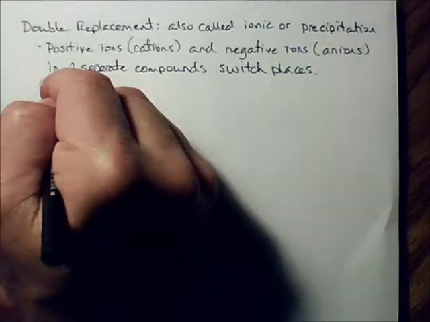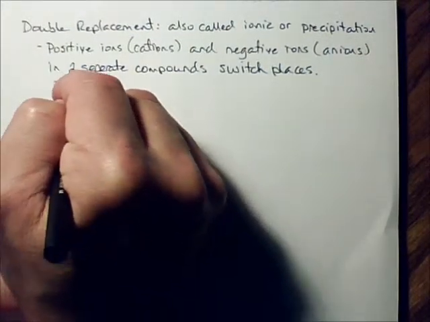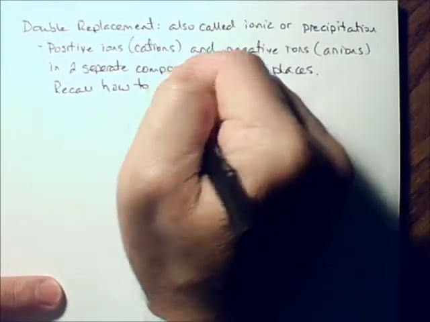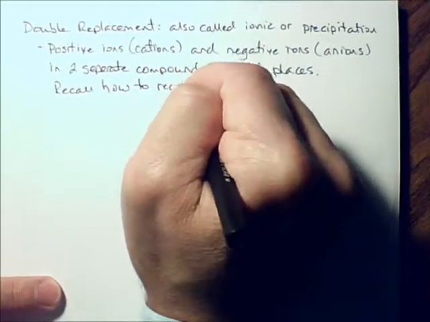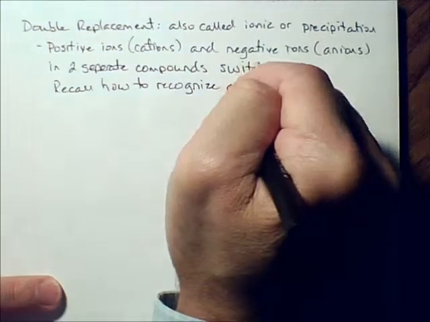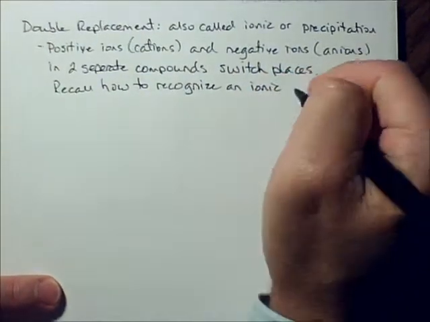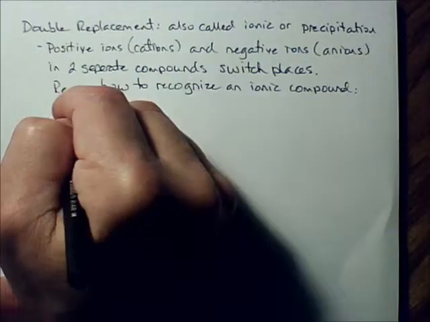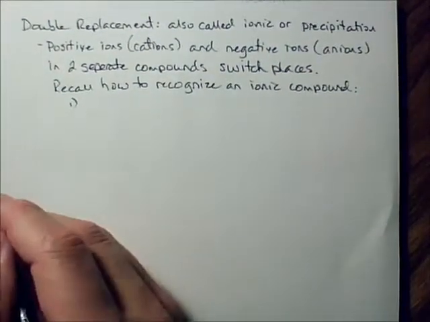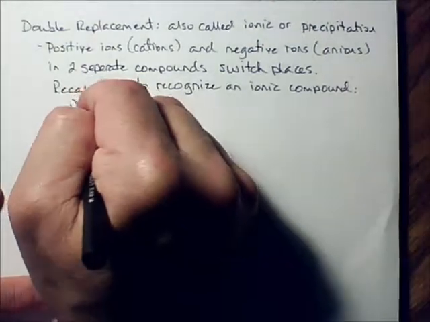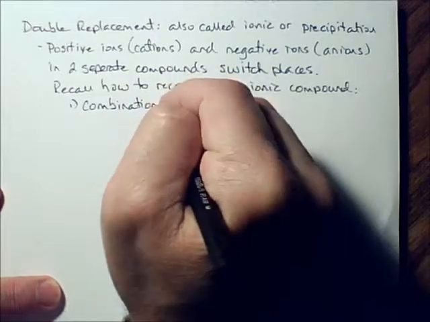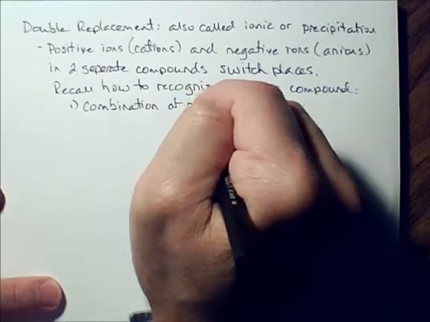Okay, let's recall how to recognize an ionic compound. The first way is if you look at the compound and it's a combination of metal and nonmetal.